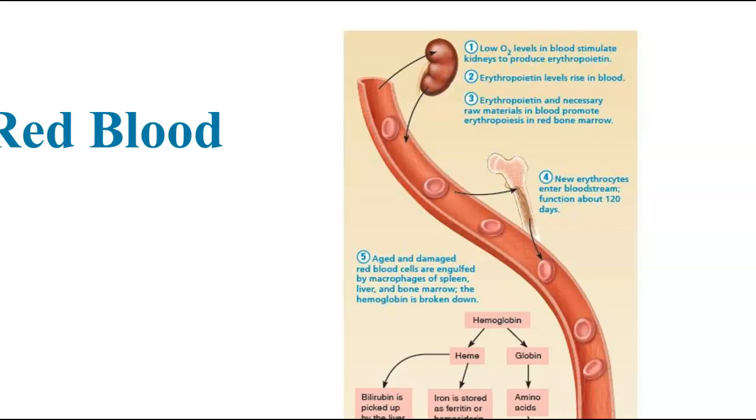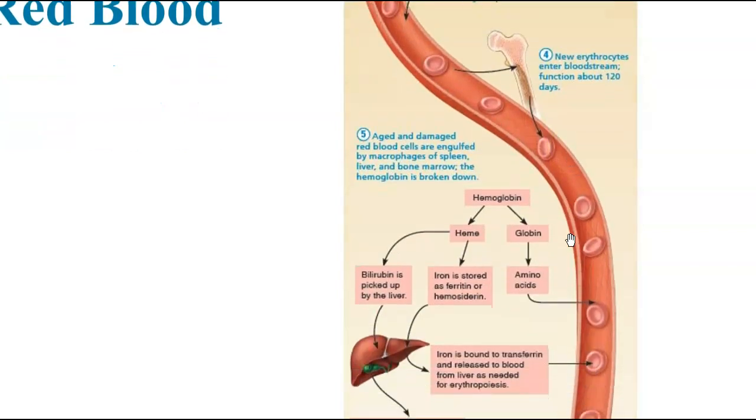As the EPO levels rise in the blood, the EPO and the raw materials for erythropoiesis promote the formation of erythrocytes in the red bone marrow. New erythrocytes enter the bloodstream and last about 120 days.